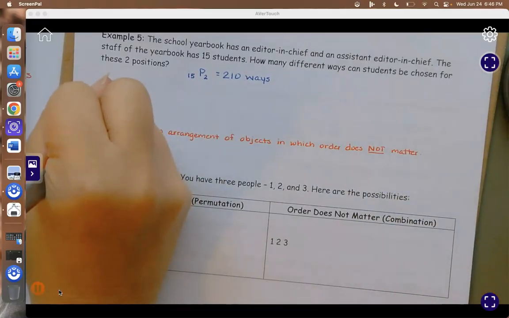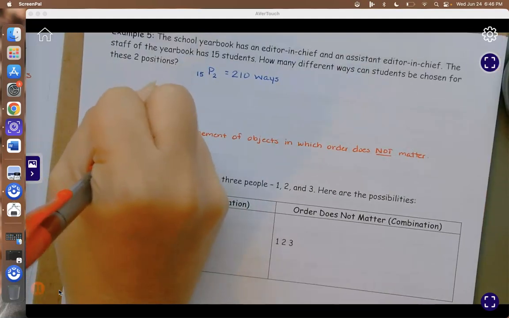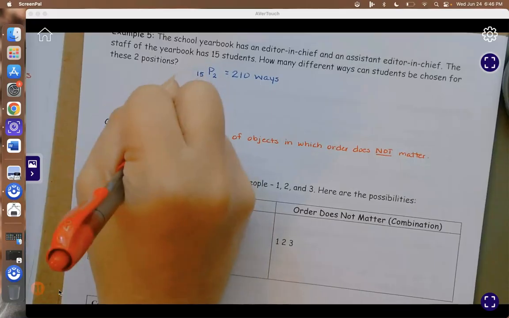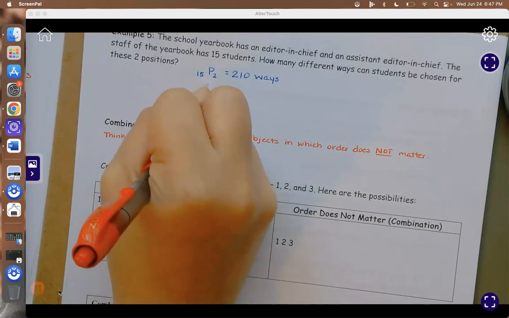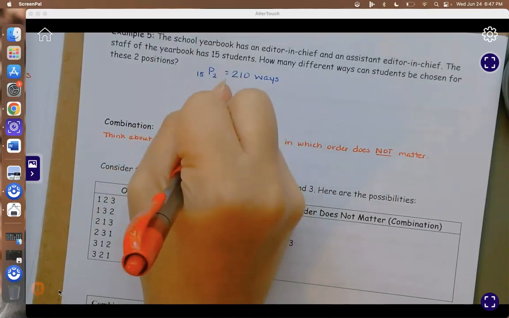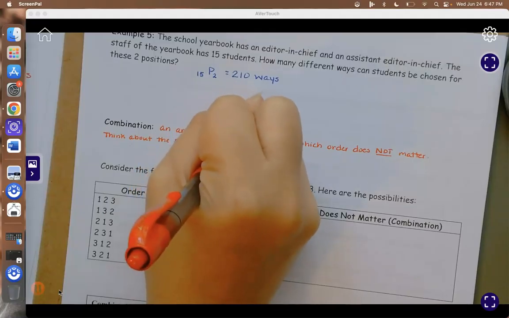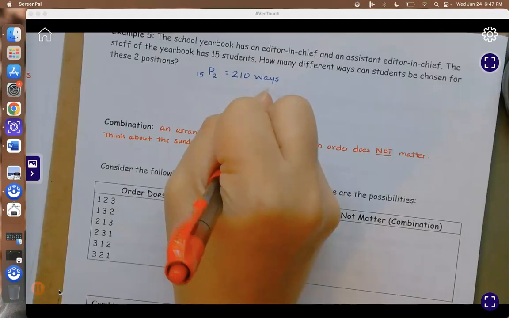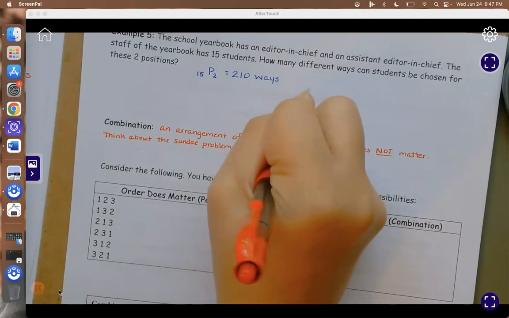Okay? Think about the Sunday problem from the beginning.